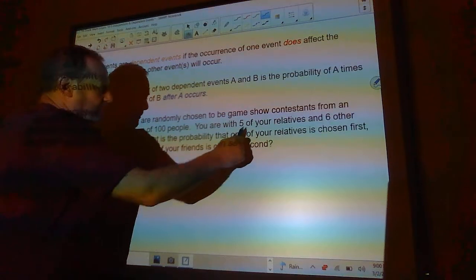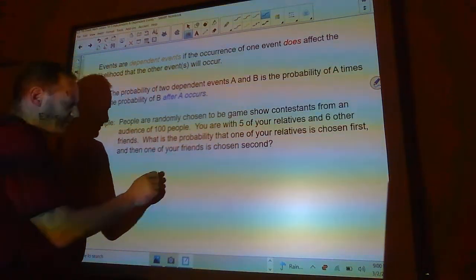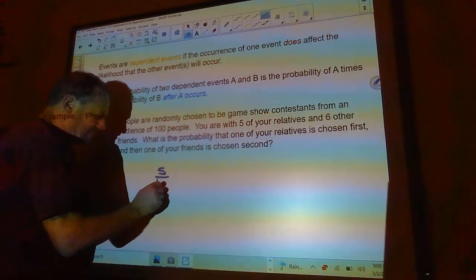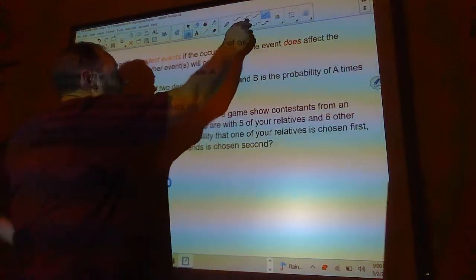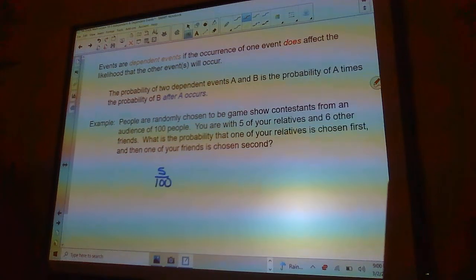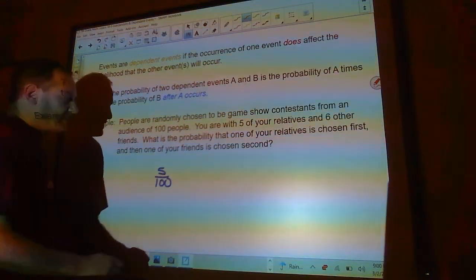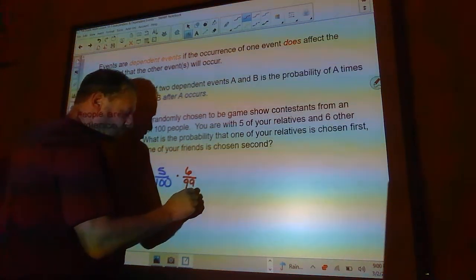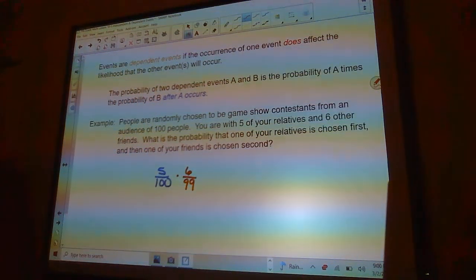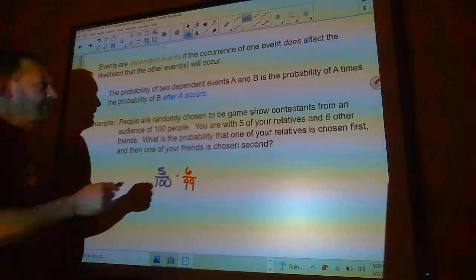There are 5 of your relatives out of 100 people. So 5 out of 100 is the probability that one of your relatives is picked. Now the next is the probability of one of your friends being chosen. You have 6 friends, but now there's only 99 people because one of them has been chosen already.